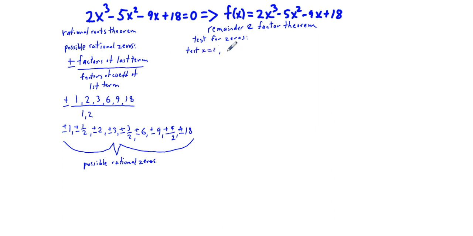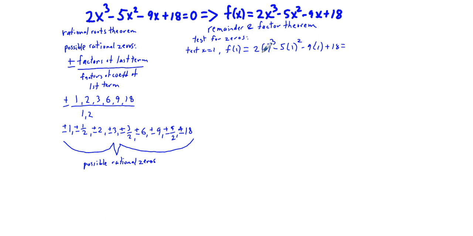To do that, we take f of 1, an easier one to start with. f of 1 equals 2 times 1 cubed minus 5 times 1 squared minus 9 times 1 plus 18.